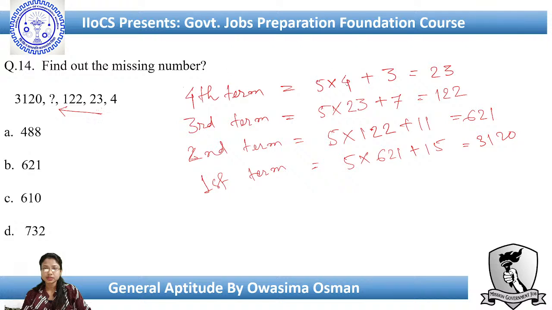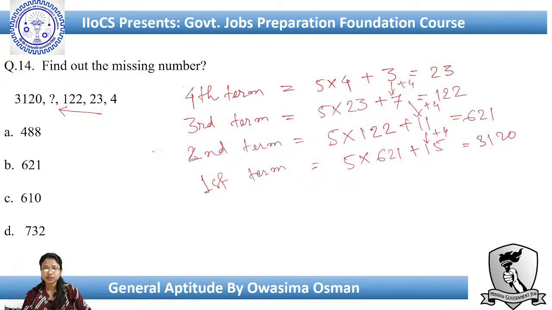We are multiplying the next number by 5, and we are adding these digits, that is 3, 7, 11, 15, which is in AP series: 7 is more than 3 by 4, 11 is more than 7 by 4, and 15 is also more than 11 by 4.